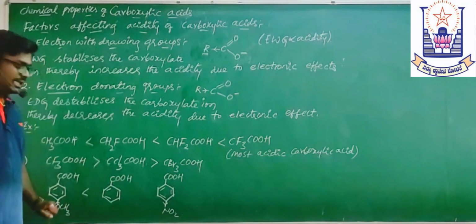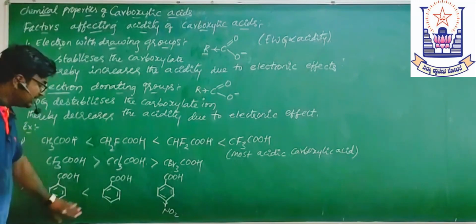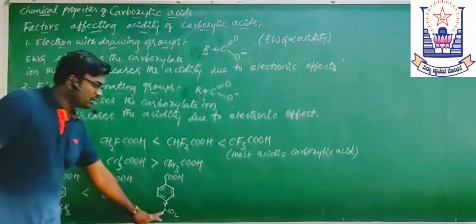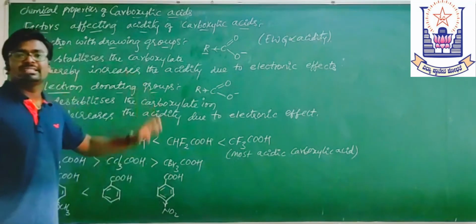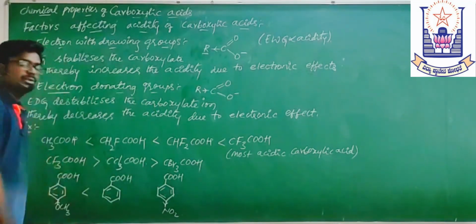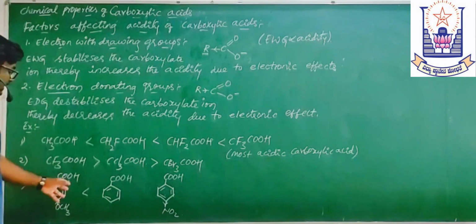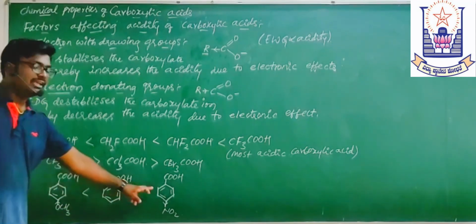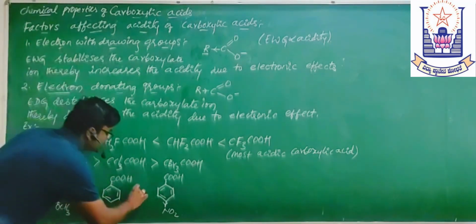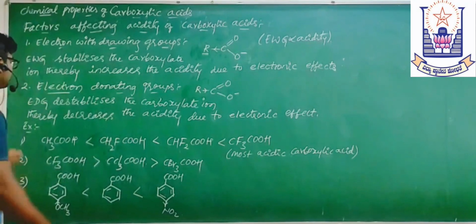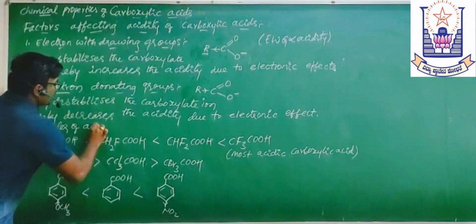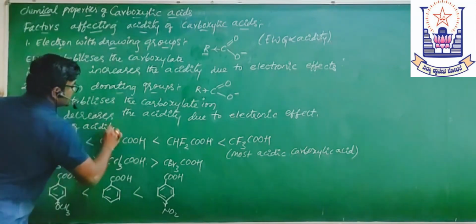The electron donating methoxy group decreases the acidity, and the electron withdrawing nitro group increases the acidity. So methoxybenzoic acid has less acidity, benzoic acid is more acidic than this, and nitrobenzoic acid is more acidic than benzoic acid. This is the order of acidity.